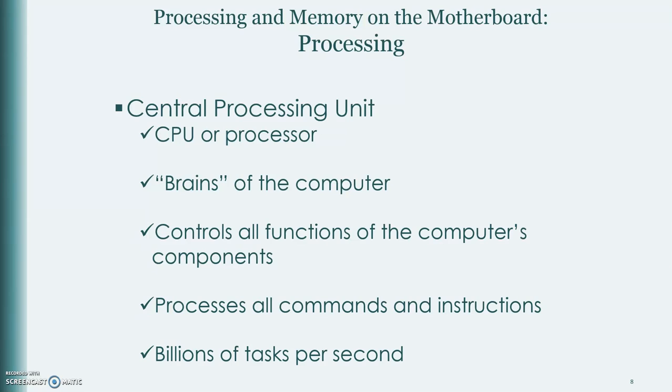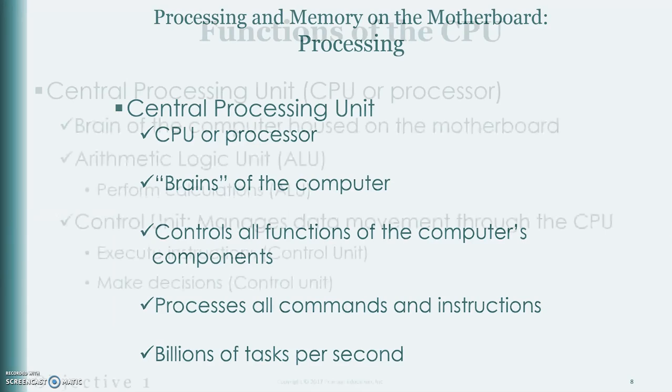Modern CPUs can perform as many as tens of billions of tasks per second without error, making them extremely powerful components. Billions of tasks per second. It just blows my mind.